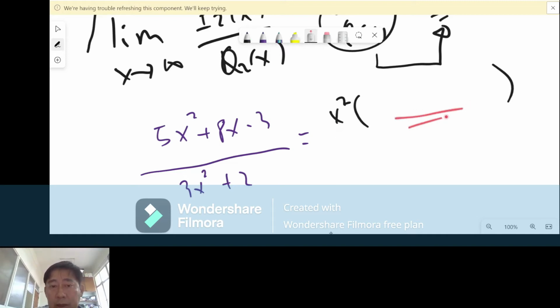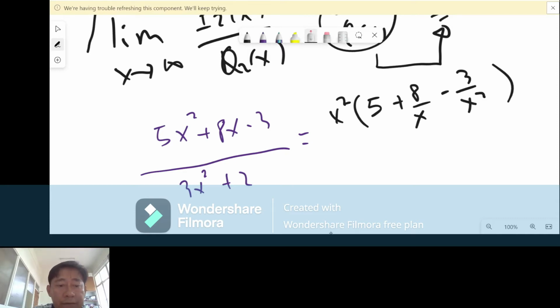So this other thing is easily written down as 5. So 5 times x squared gives you this term. And if you pull out a factor of x squared, then what you are left with is a factor of 8 divided by x. Then for this term, we pull out an x squared from this, so what you are left with is a factor of 3 divided by x squared.